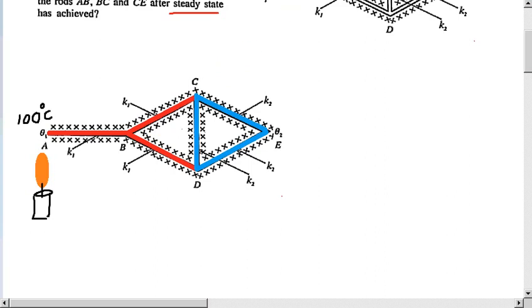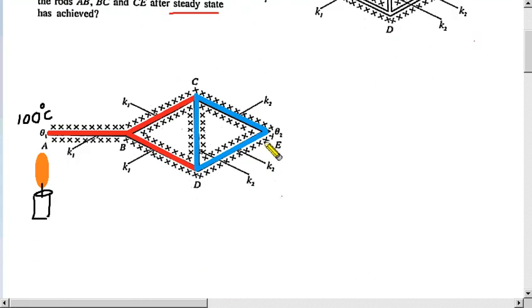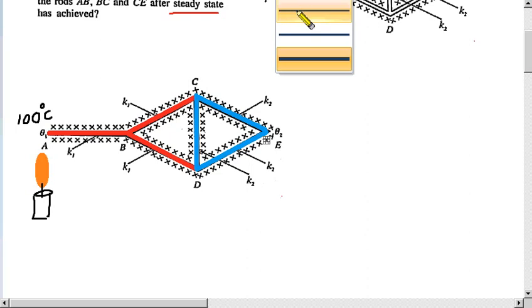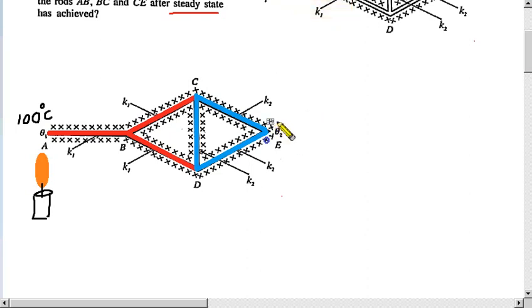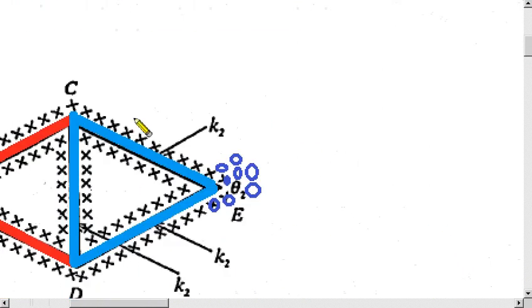And also let us suppose that this side is at 0 centigrade, because they say theta 2 is less than theta 1. So here I draw some ice cubes to denote the temperature is less. Let us write here the temperature is 0 centigrade at this side.